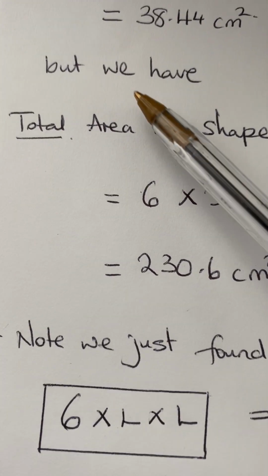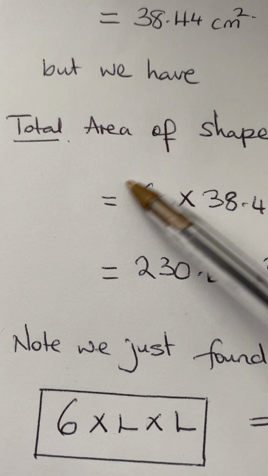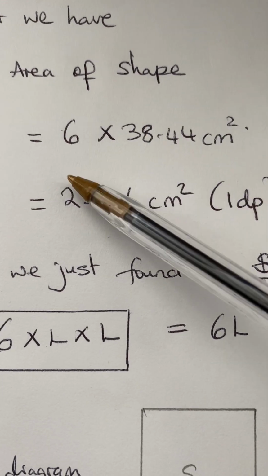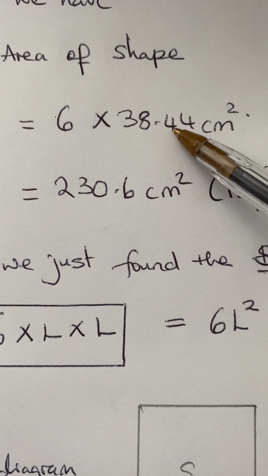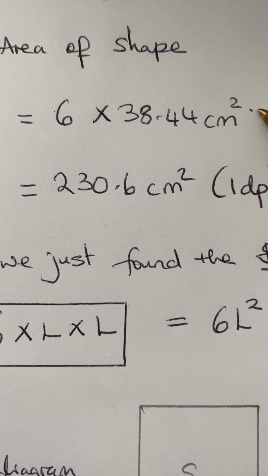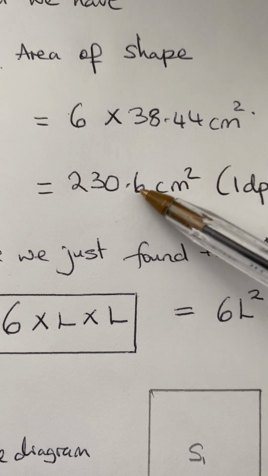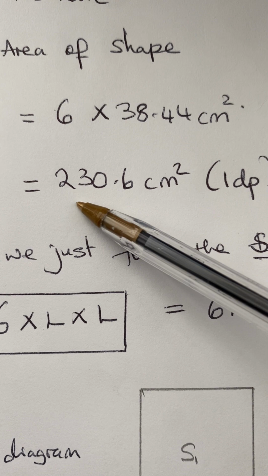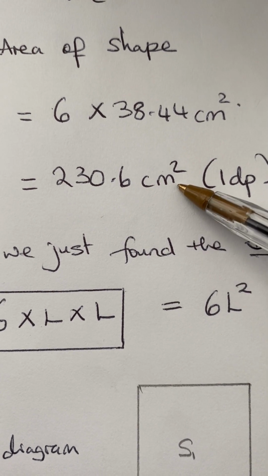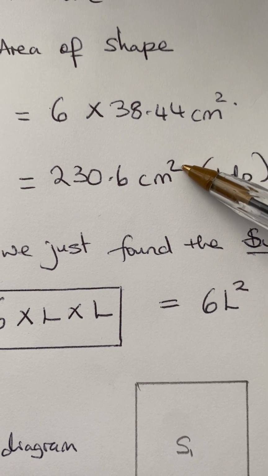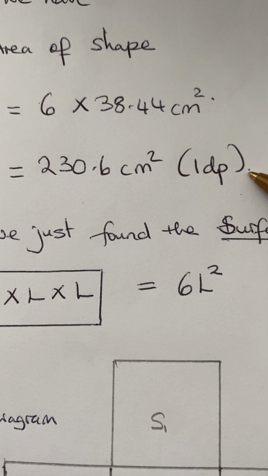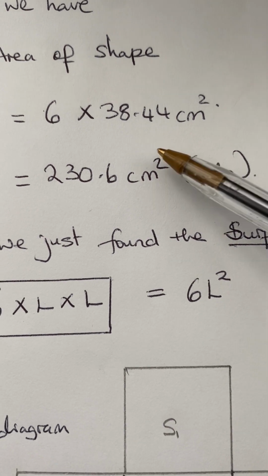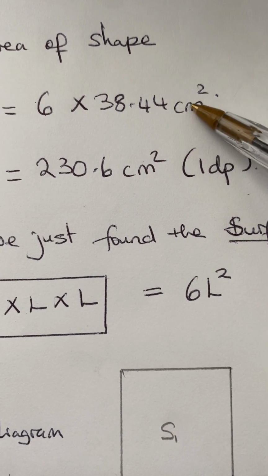But we have 6 of them, so the total shape area will be 6 times 38.44 centimeters squared. And when you multiply 6 by this figure, you should get 230.6 centimeters squared, to 1 decimal place. Remember, area is the unit squared. So the unit they gave us is centimeters.